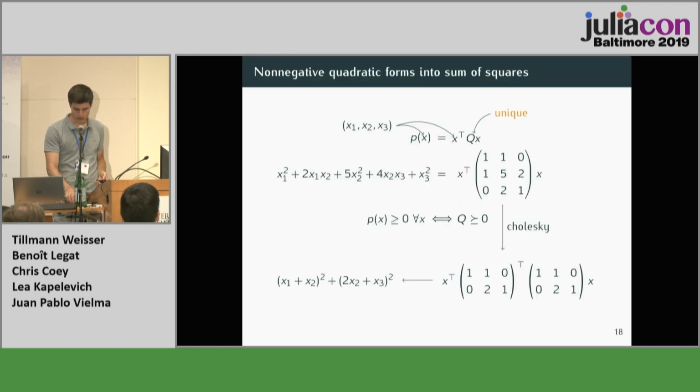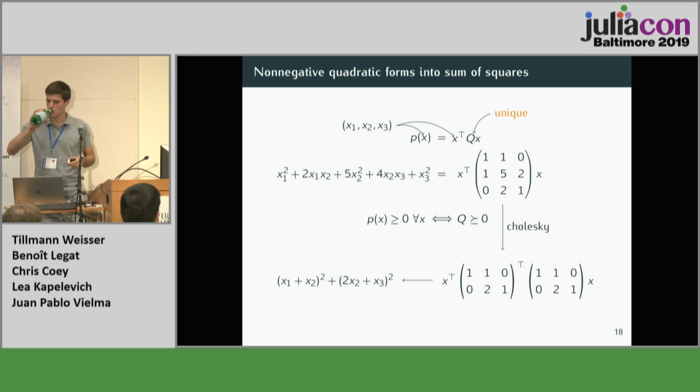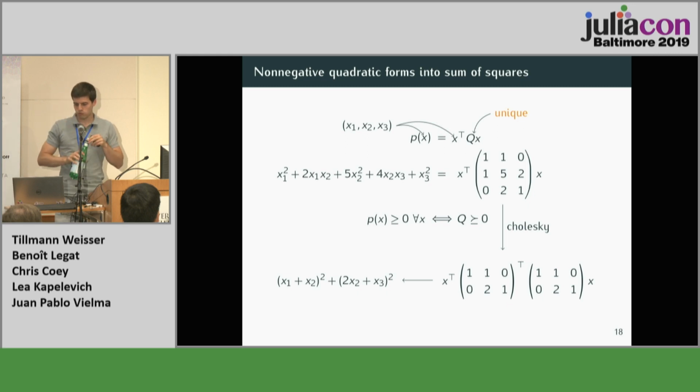So how do we use that in sum of squares? First, I need to briefly mention what a sum of squares is. The idea is quite simple. When you have a quadratic polynomial, if you want to know if it's non-negative everywhere, you build this matrix Q. There is a unique way to find this Q such that P of X is X transpose QX. And then you just check if Q is positive semi-definite.